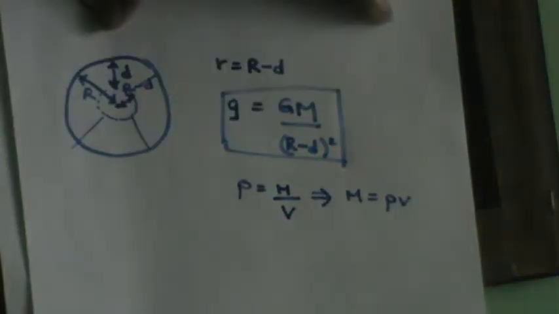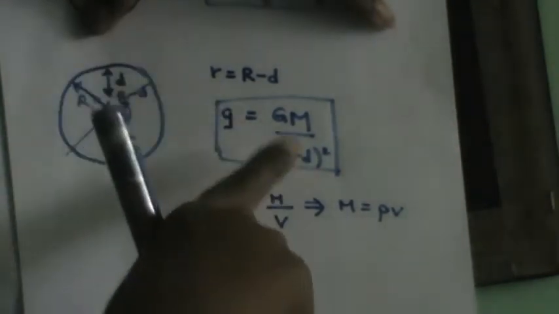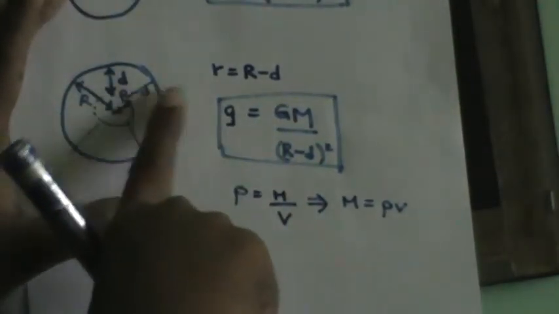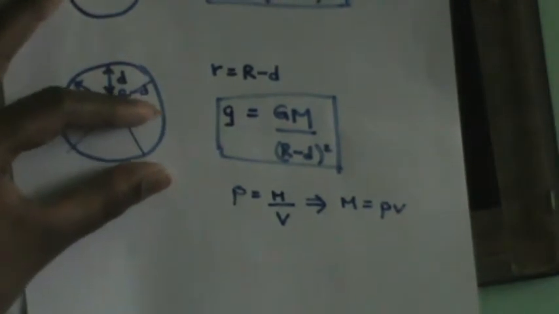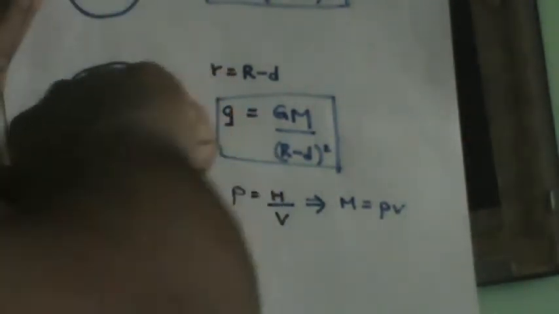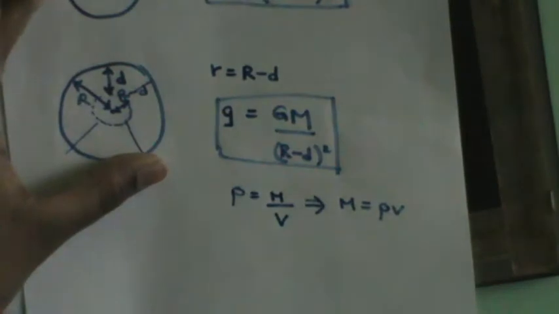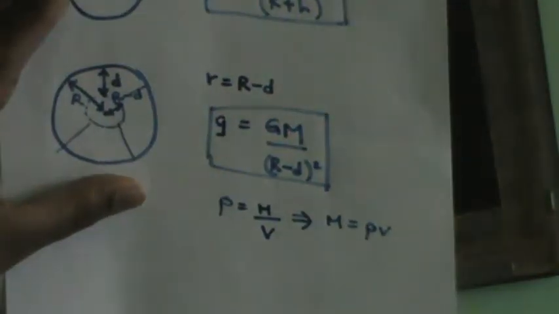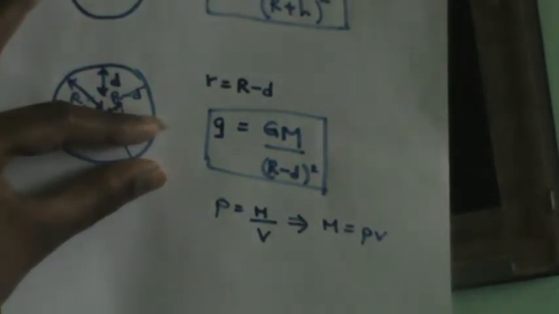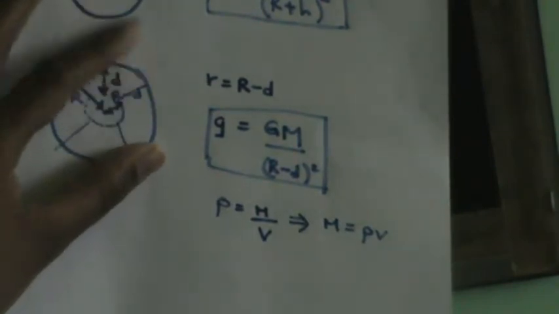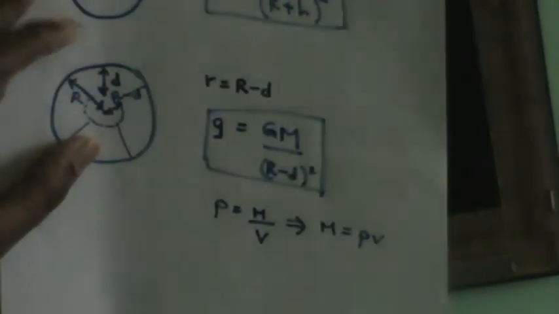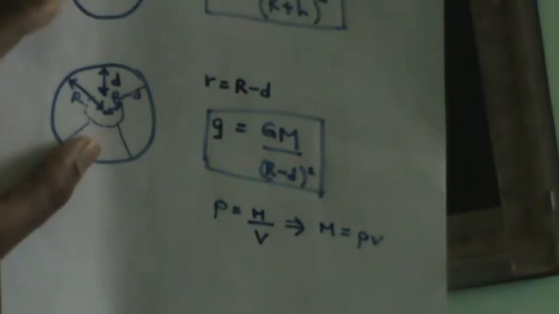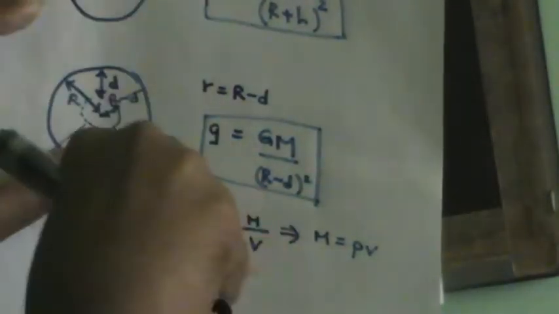but the value of m is now not equal to the mass of this object, because the small object is inside the large object. In the previous derivation, what we found was that the smaller mass is on the larger mass, but in this case the smaller mass is inside the larger mass.